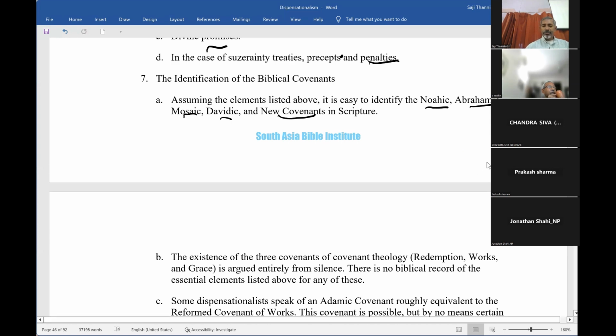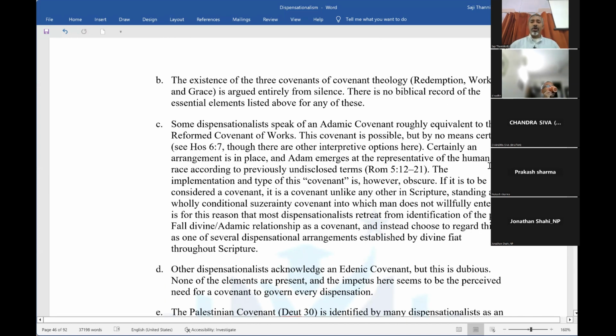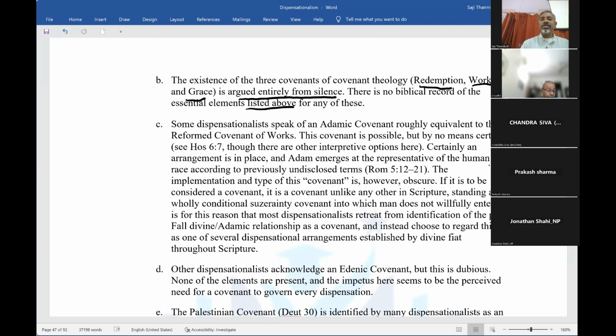Now, covenant theology would often talk about the covenant of redemption, the covenant of works, and the covenant of grace. That is what covenant theology would say, but that is completely argued from silence. There is no biblical record of the essential elements listed above for any of these three covenants.